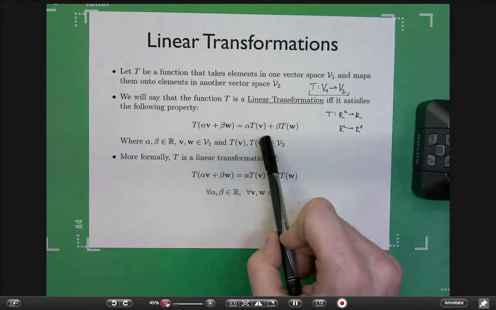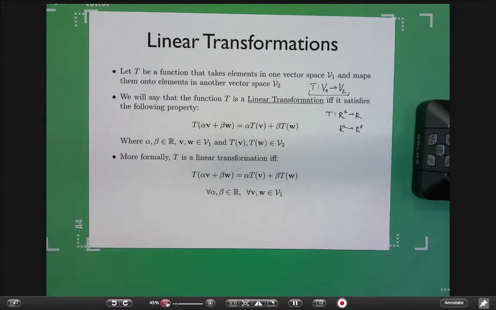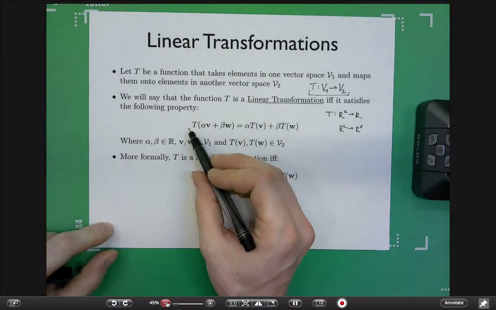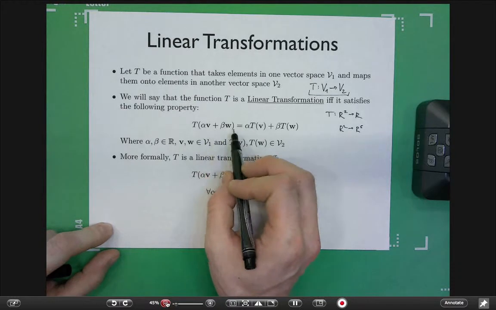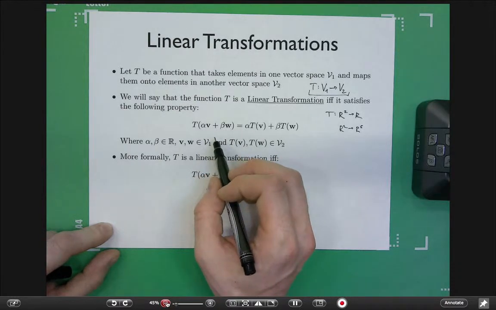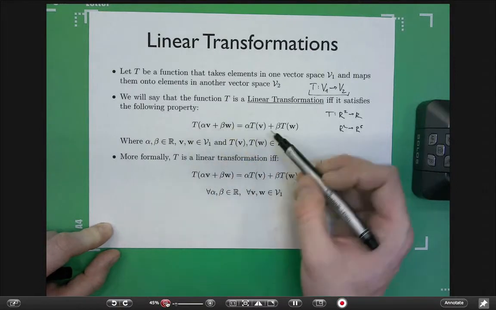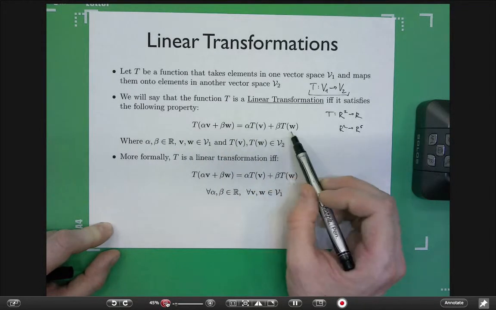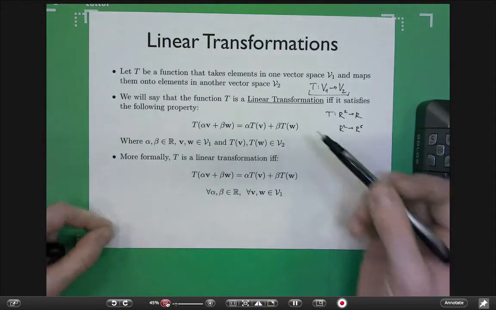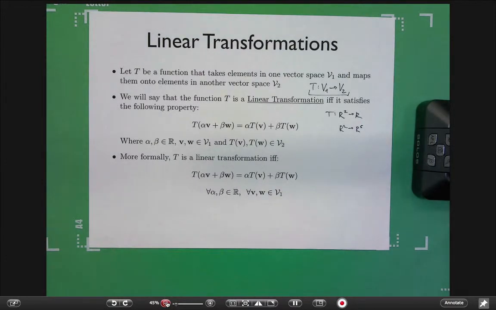T of v is where the vector v maps to. T of w is where the vector w maps to. And this is saying that it doesn't matter if I take the linear combination first, in the first vector space V1, and then do the transformation, or if I first do the transformations, so go to the second vector space V2, and then take the linear combination there.